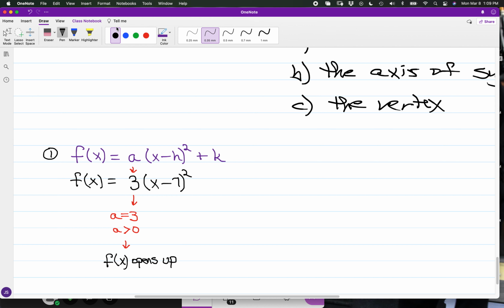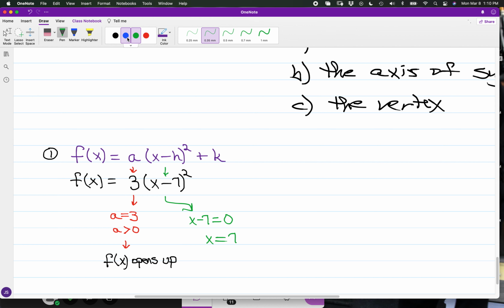Now for the h value, x minus h is represented by x minus 7. So for the h value, the 0 of the x minus h expression is going to stem from x minus 7 set equal to 0, and from this we have that x is equal to 7.